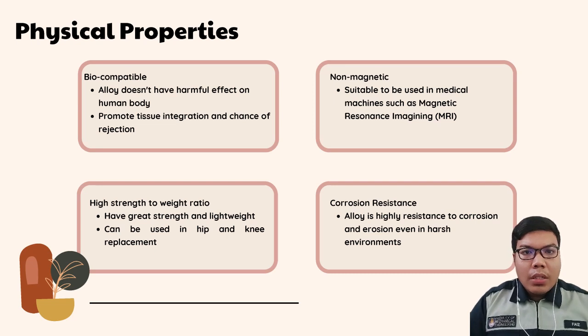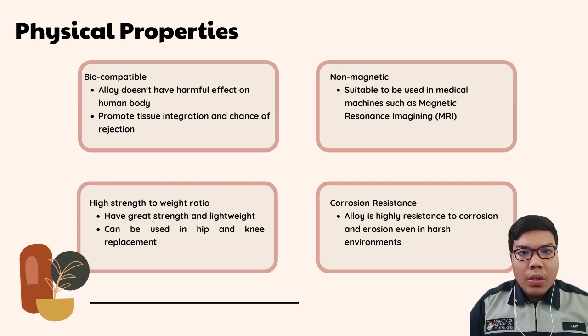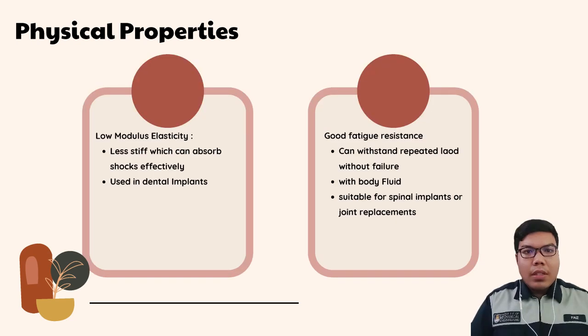Also, it has excellent corrosion resistance, which is essential for medical implants as they need to withstand the harsh conditions of the human body without corroding or degrading over time. This titanium also has a low modulus of elasticity, which means that it is less stiff than other materials such as stainless steel.